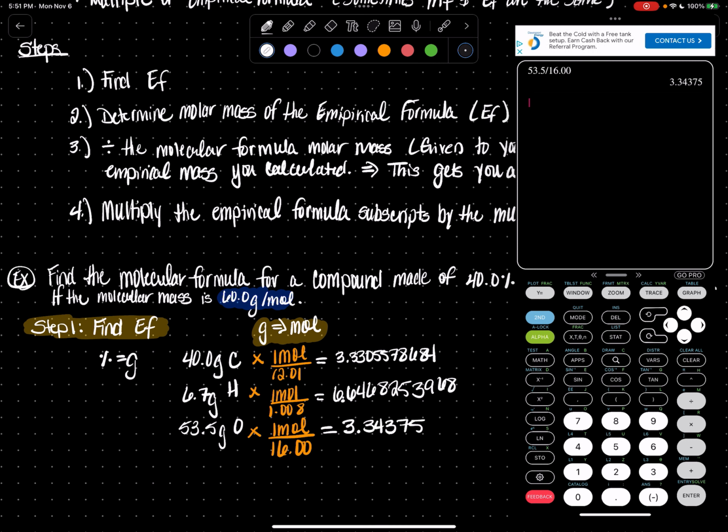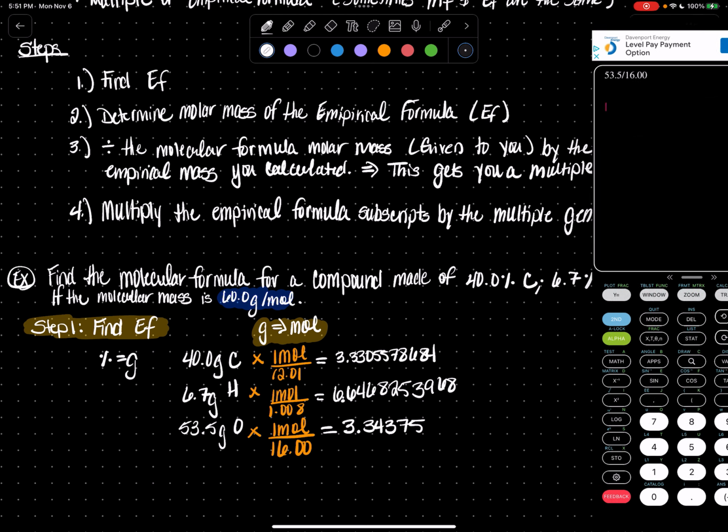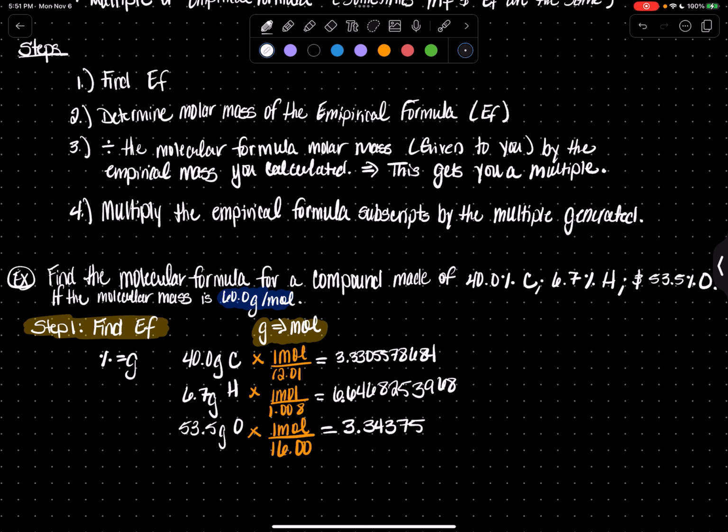So percent to grams, grams to moles, and then we're going to divide by the smallest. I'm going to take a look here and see which one's the smallest, and we get a winner, winner, chicken dinner here. So we're going to divide by the smallest.